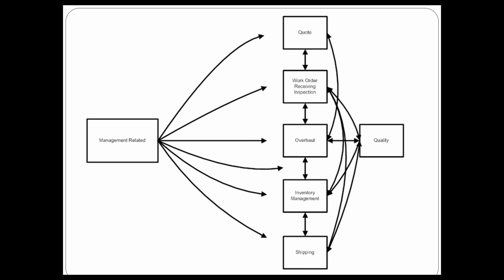And we have this idea that quality interfaces equally with 3 of these processes, and then we have something called management related, which we can presume means support, interacting with everything. So again, it's a different strategy, but what I like about this one is the unique nature of the process names.